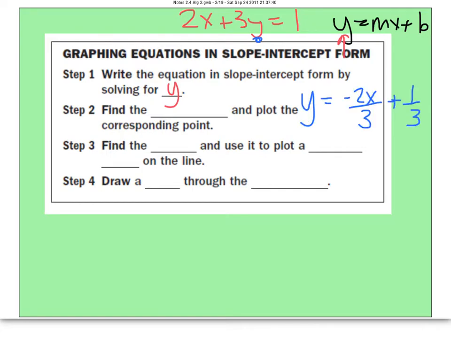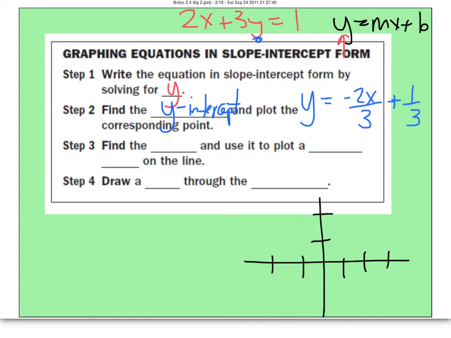Step 2 says after you solve it for y, then you want to find the y-intercept and plot that corresponding point. So what I would do is look at the equation and notice that the y-intercept's the number by itself. It's 1/3. So I would graph 1/3, which is roughly about right here, and plot the point.